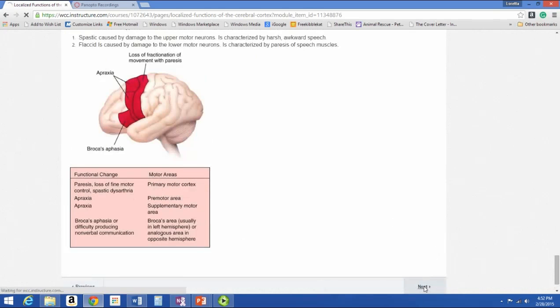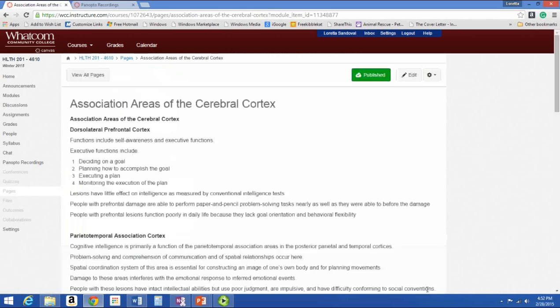Okay? So the association areas of the cerebral cortex, there are several different areas which we'll talk about. The dorsolateral prefrontal cortex, its functions include self-awareness and executive functions.